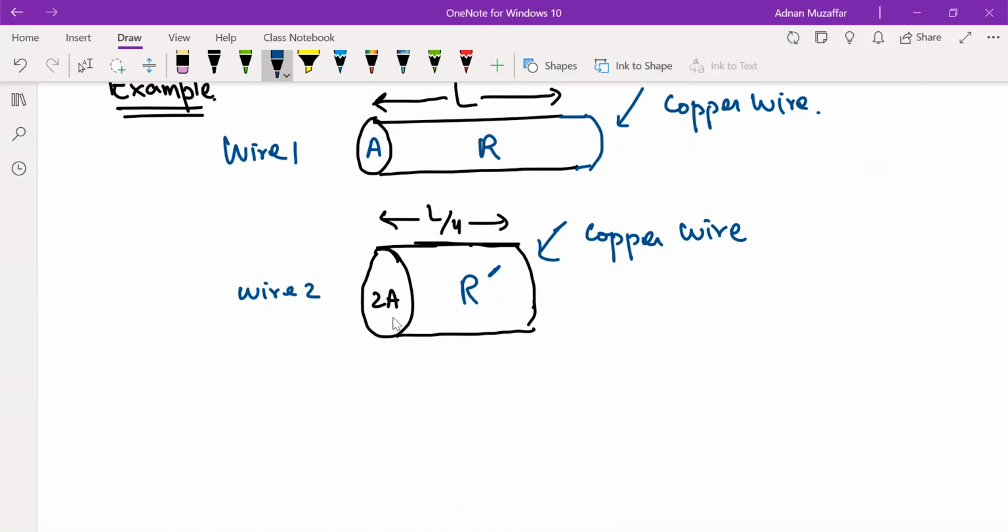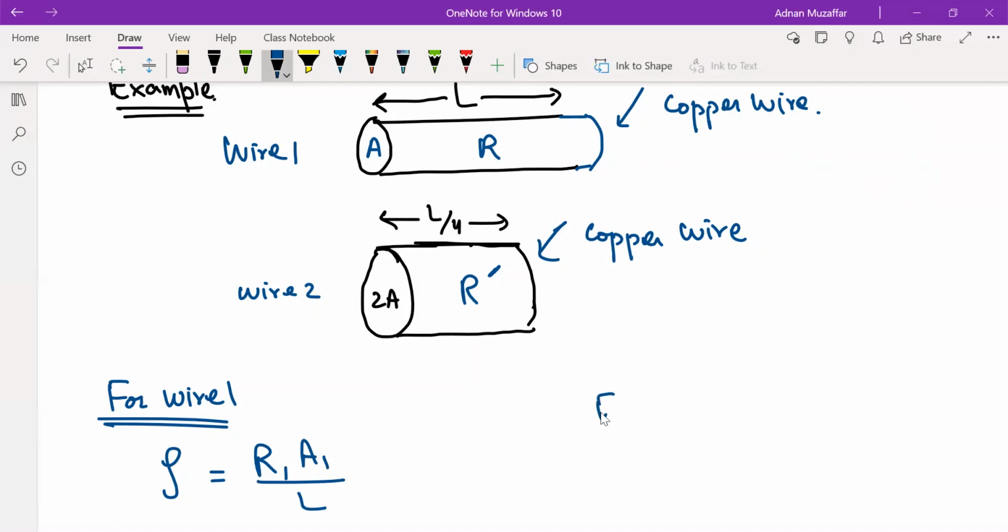If you remember, I think we have done this type of question in our last MCQs practice, but let's do it. According to our resistivity formula, I can write for wire 1: rho is equal to R1 area 1 over length 1.